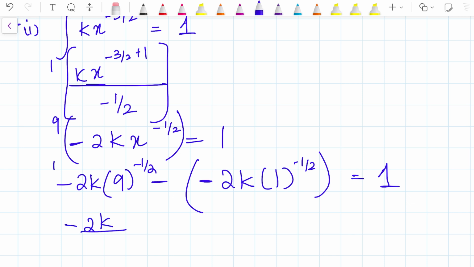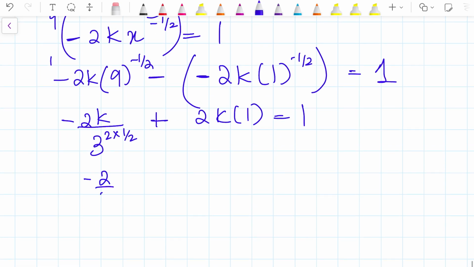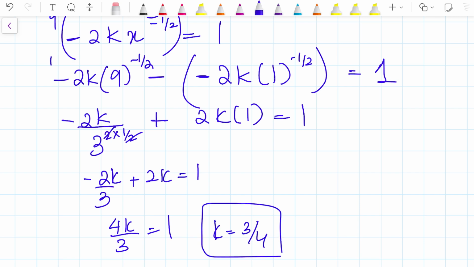Minus 2k upon... so this becomes minus 2 upon 3k plus 2k is equal to 1. It becomes 4k upon 3 equals 1. 4 upon 3. So k becomes 3 upon 4.